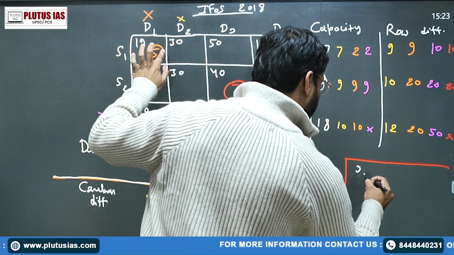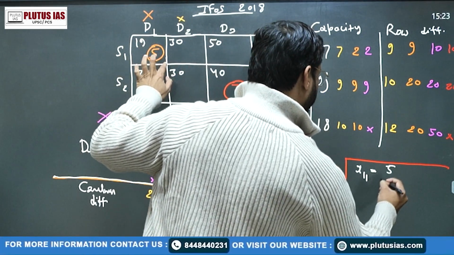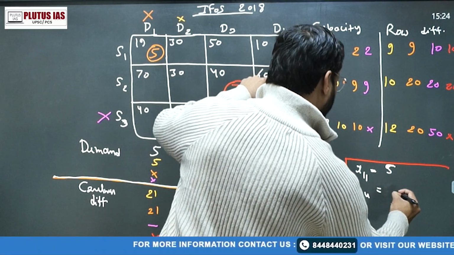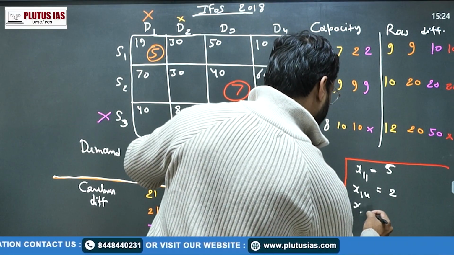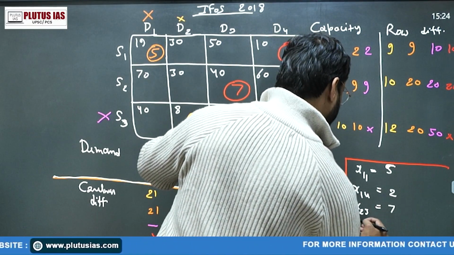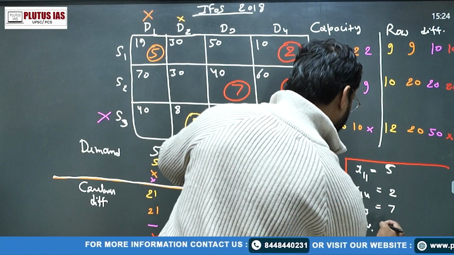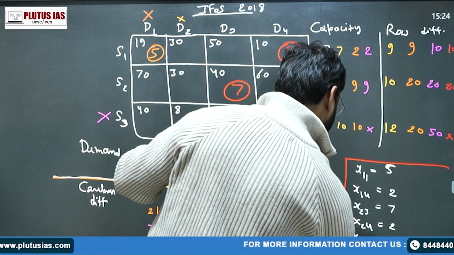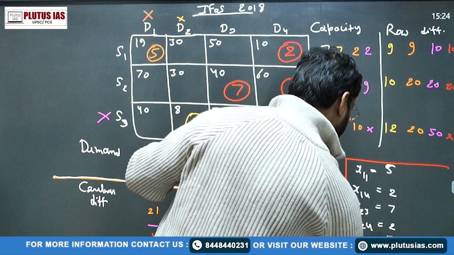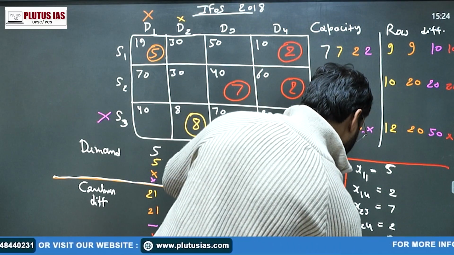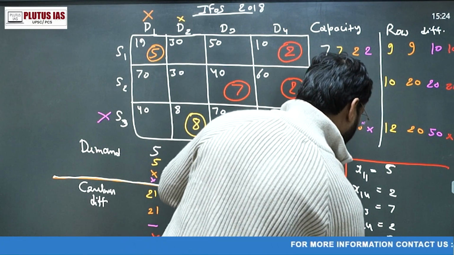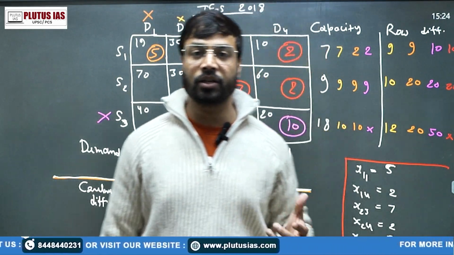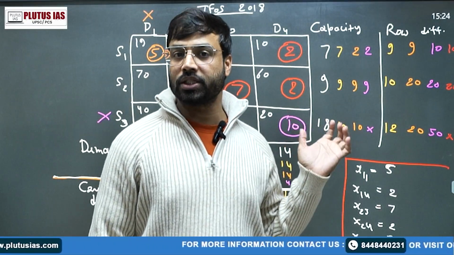We are getting x11 equal to 5, x14 equal to 2, x23 equal to 7, x24 equal to 2, x32 equal to 8, and x34 equal to 10. These 6 are the required initial feasible solution of this given transportation problem.